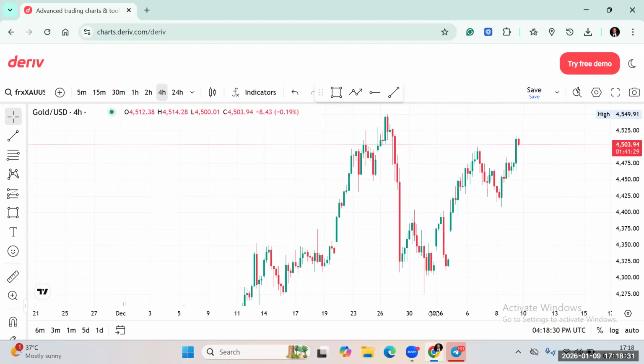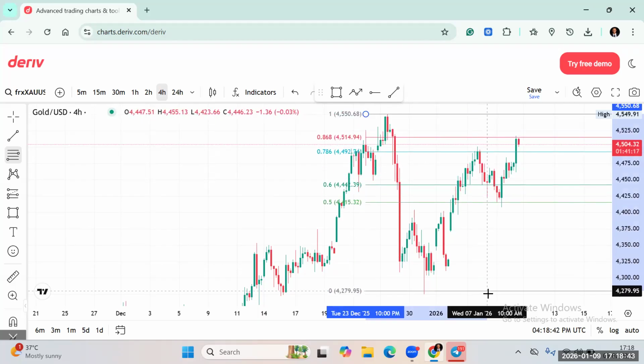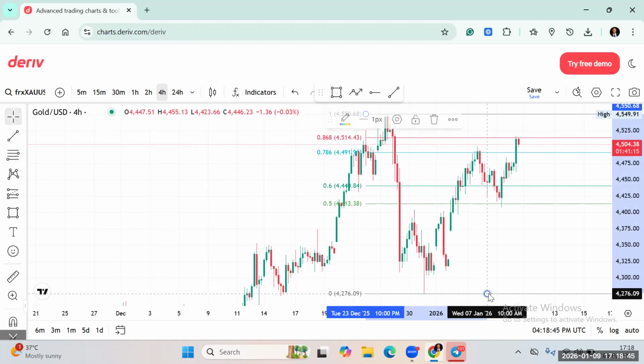So if we mark this range and this range, you want to know where gold will sell from. Gold broke this low, you could see it broke all the lows here, which means that is a massive sell. So when you mark the range, I say that gold normally retraces at 0.